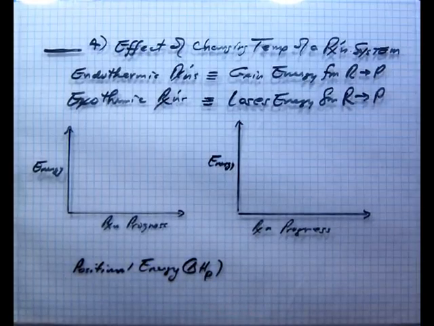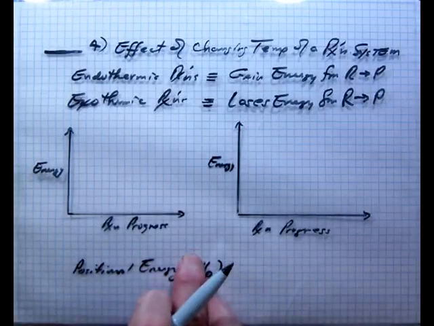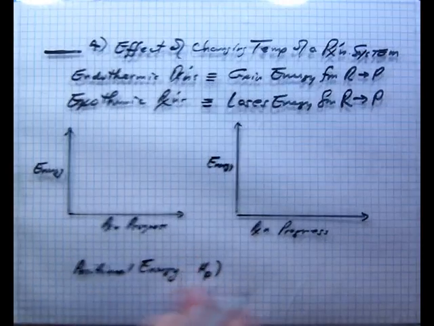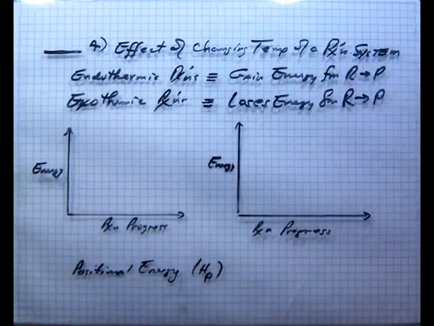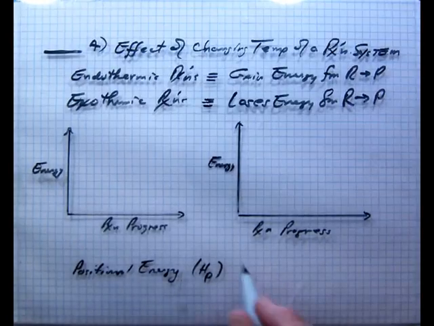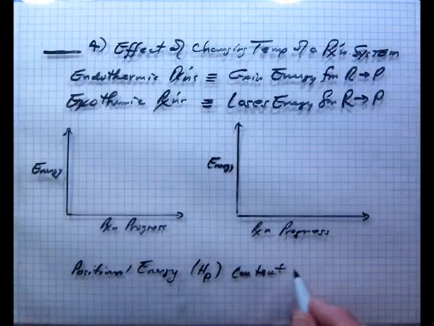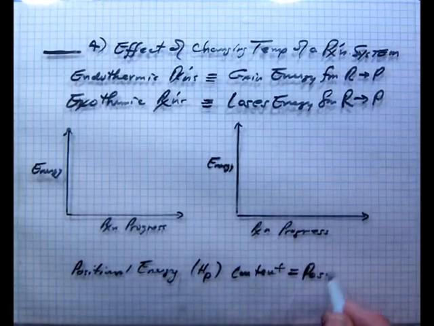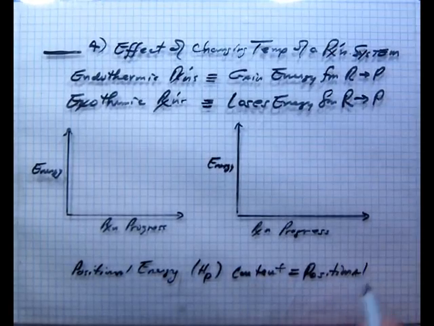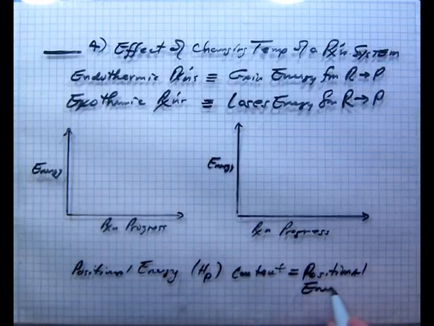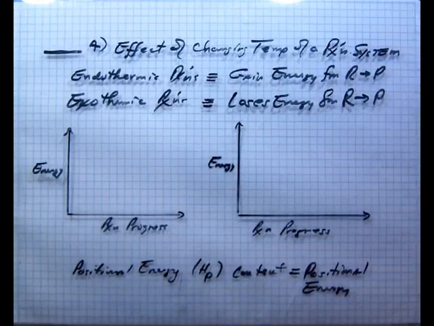Positional or potential energy content. So really it's not a change, it's a content. I'm going to take the delta out of that right there. Potential energy content or positional energy. I frequently get in trouble with my colleagues for calling it that, but it works.